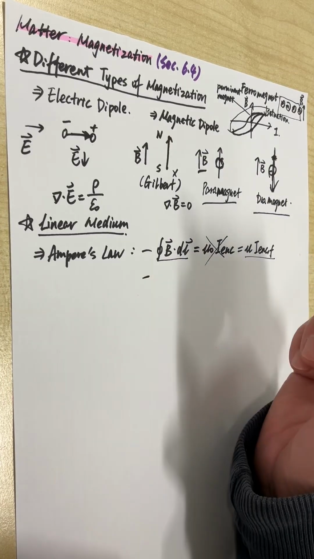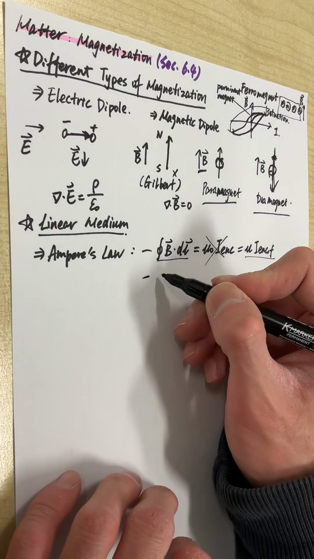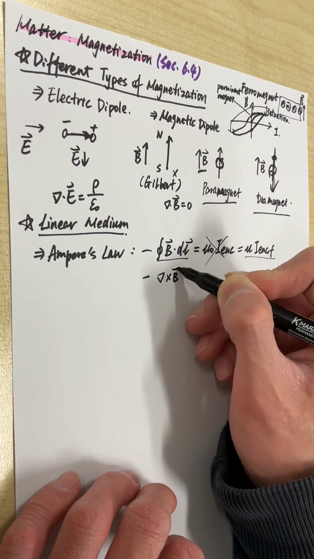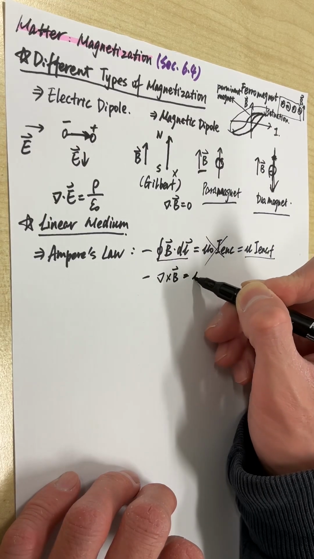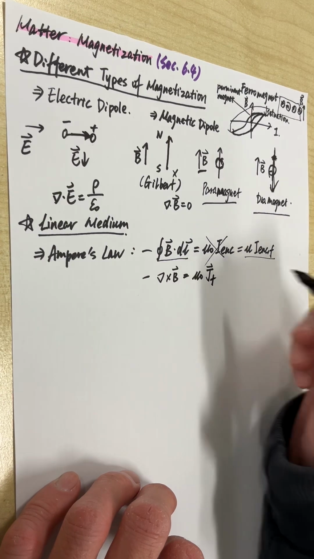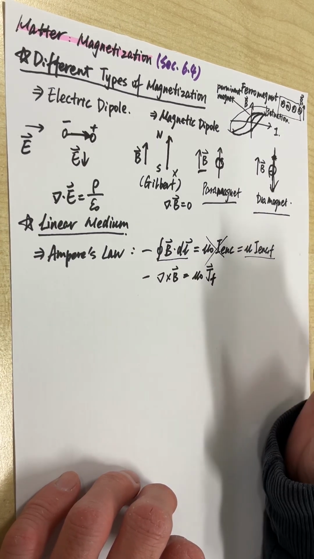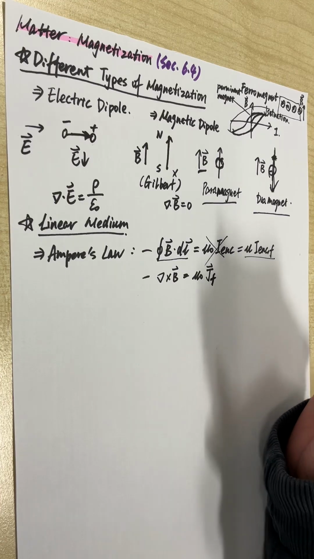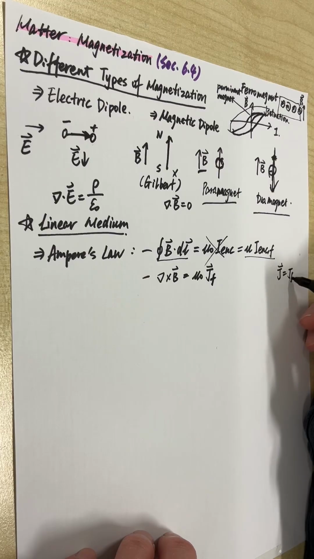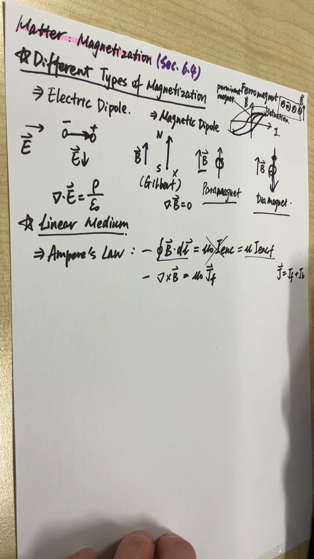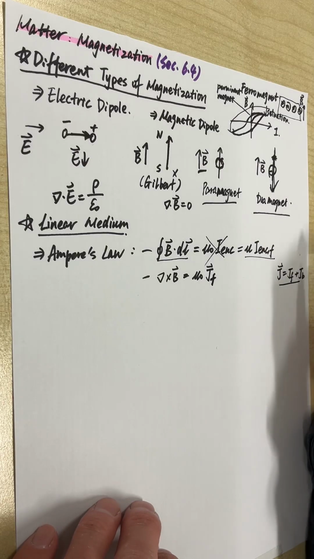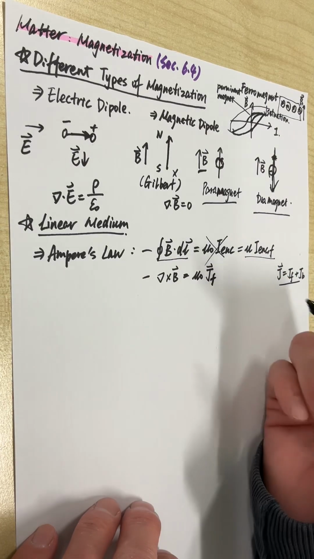And then in the differential form, we have the curl of the magnetic field equals mu0 times J, the free current density. So we still have the total current. Total current equals the free current and then the bound current. Okay. We don't want to get into too much detail. We only need to use Ampere's law differently.